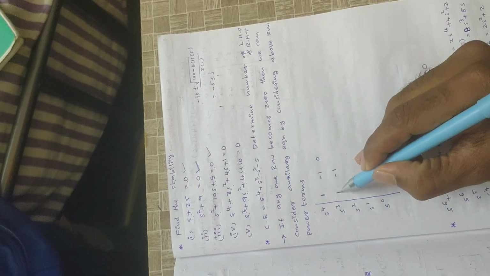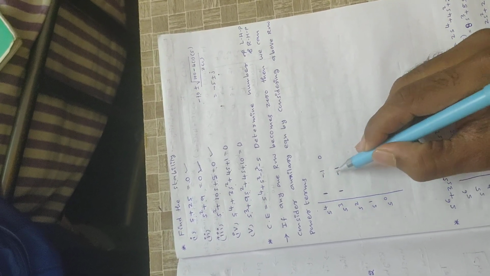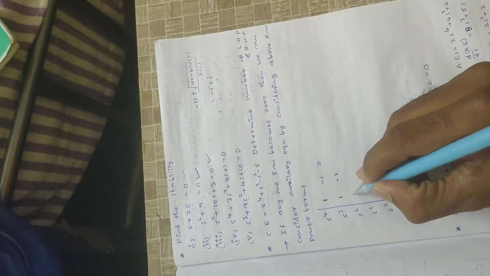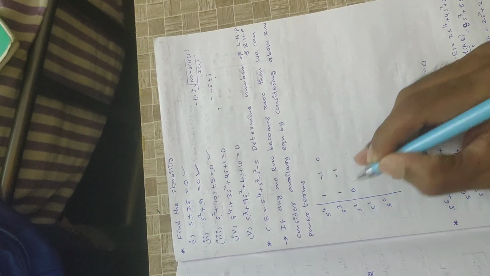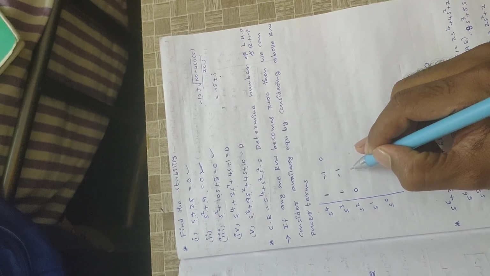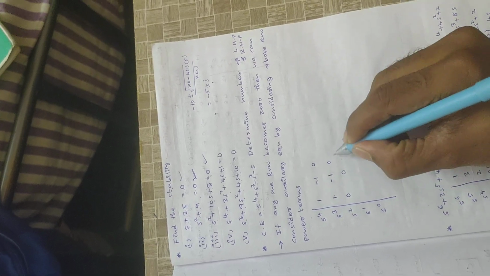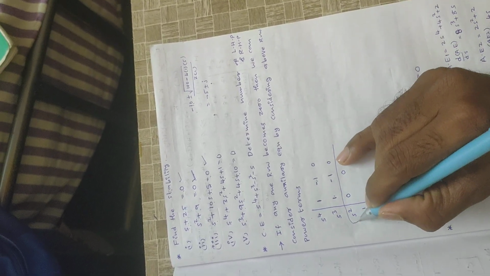Next, 1 into minus 1 minus 1 into 1 gives minus 1 plus 1, you will get 0 by 1, that value will be 0. After that, 1 into 0 minus 0 into 1, that means this row value will be 0.